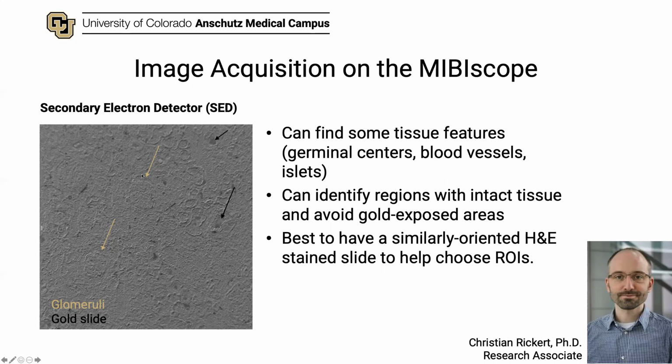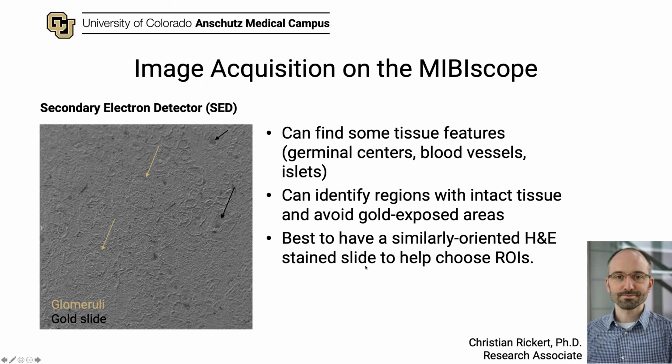It kind of looks like a topographical map of the tissue. And then you can see where the gold is also peeking through these areas. So this is kind of like a grayish area where the gold is coming through. So we can identify regions that have intact tissue as opposed to those that have a lot of gold exposed areas.